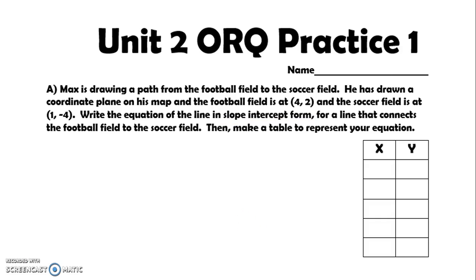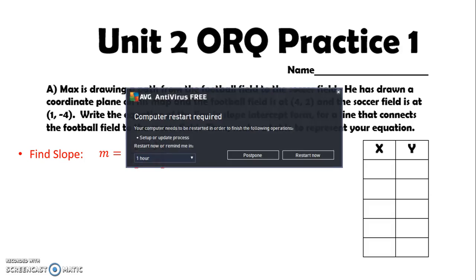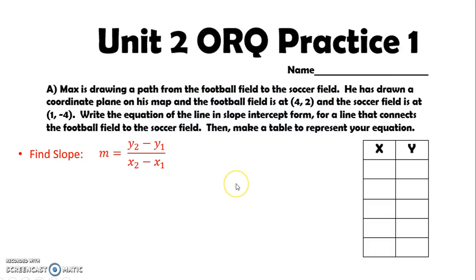Our next step is that we need to find our slope. In order to find the slope, we're going to use the slope formula, m equals y2 minus y1 over x2 minus x1, which is calculating the change in y over the change in x.